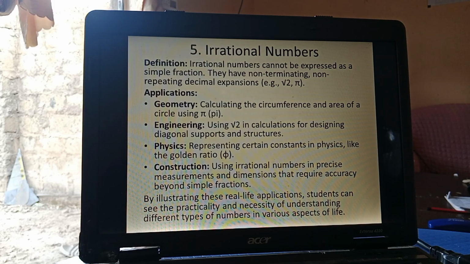Construction, using irrational numbers in precise measurements and dimensions that require accuracy beyond the simple fractions. By illustrating these real-life applications, students can see the practicality and necessity of understanding different types of numbers in various aspects of life.